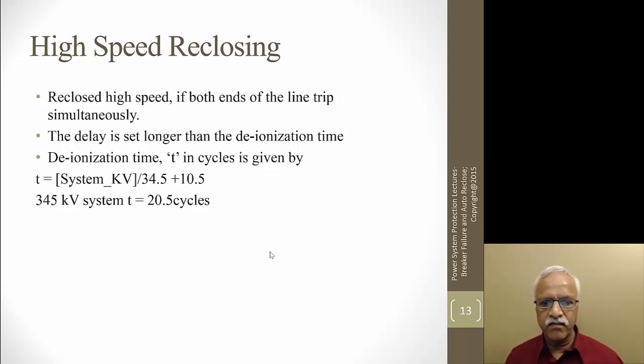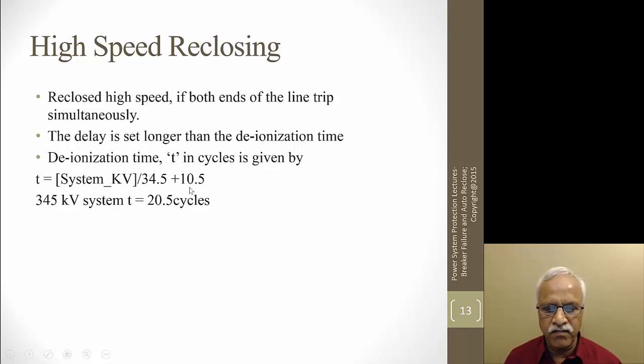The delay of reclosing is set longer than the deionization time in the high-speed reclosing. If T is the time in cycles, this is an empirical formula given in the Westinghouse book. The time is given as system kV divided by 34.5 plus 10.5 cycles.